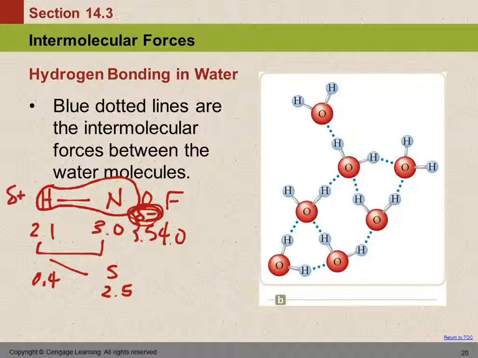I think that has something to do with it, but that's getting beyond the scope of what even a textbook talks about. But it's the unequal sharing. They share very unequally, and so this charge is getting closer to a negative 1.